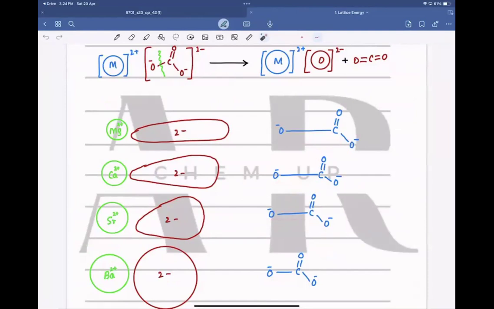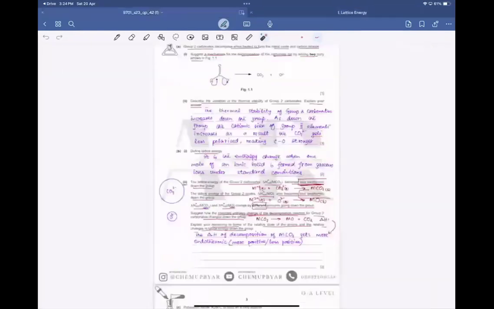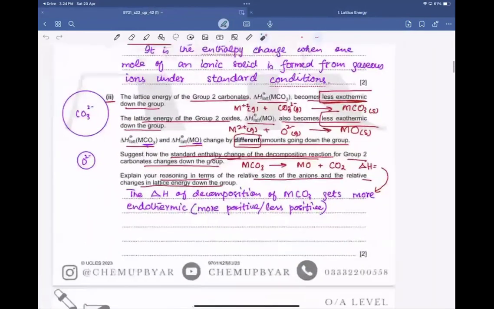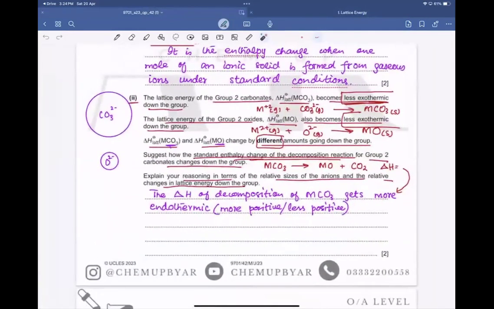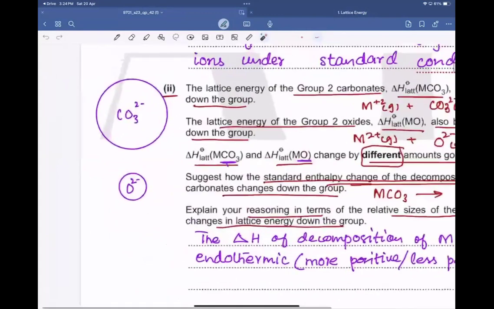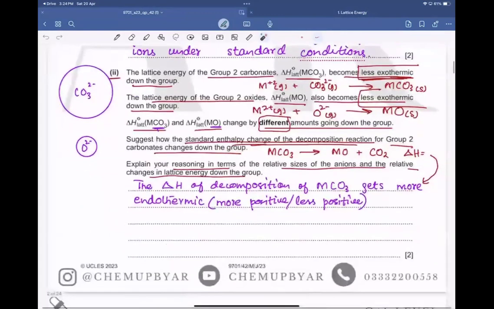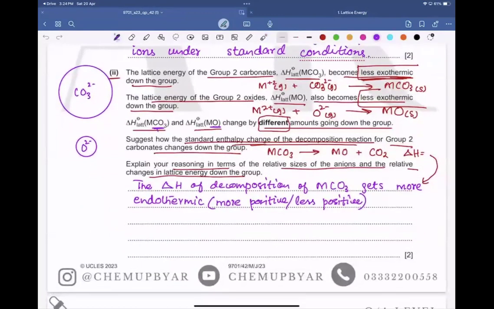Okay. Now, what they are saying is that you have to use these sizes to explain why it becomes more endothermic. So if you see that the size of oxide is very small as compared to the size of carbonate ion, isn't it?